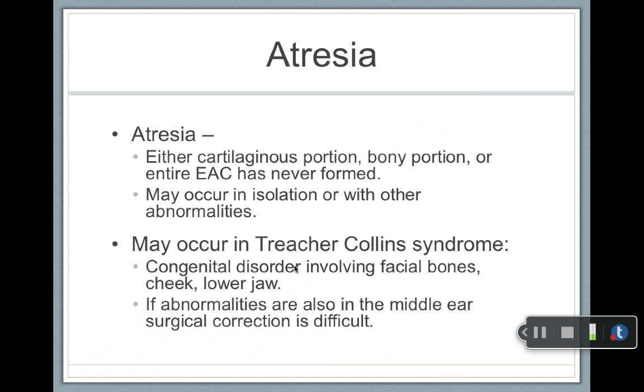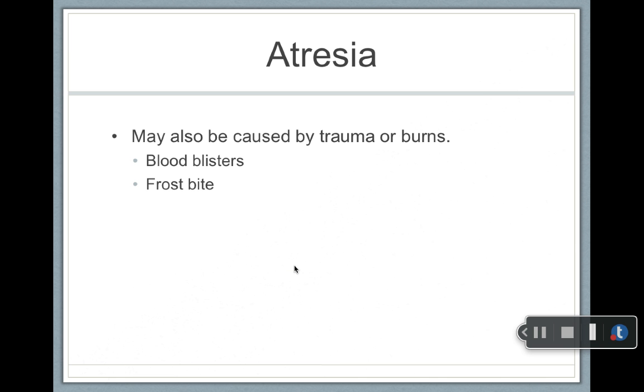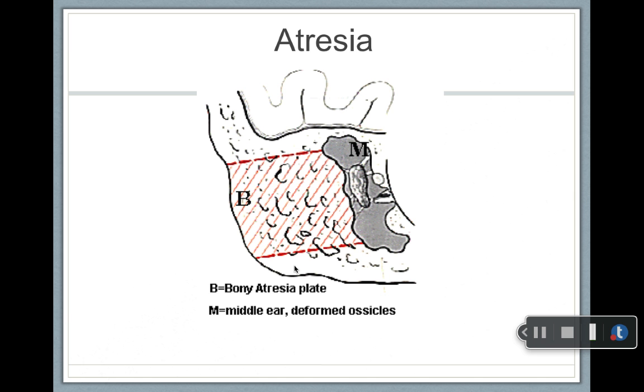So this could be in isolation or with other abnormalities. It may occur in Treacher Collins syndrome, which is a congenital disorder involving the facial bones, the cheek, the lower jaw. If the abnormalities are also in the middle ear, surgical correction is difficult. It could also be caused by blood blisters, frostbite, trauma. So, see in atresia, there's not even an opening to the ear canal.